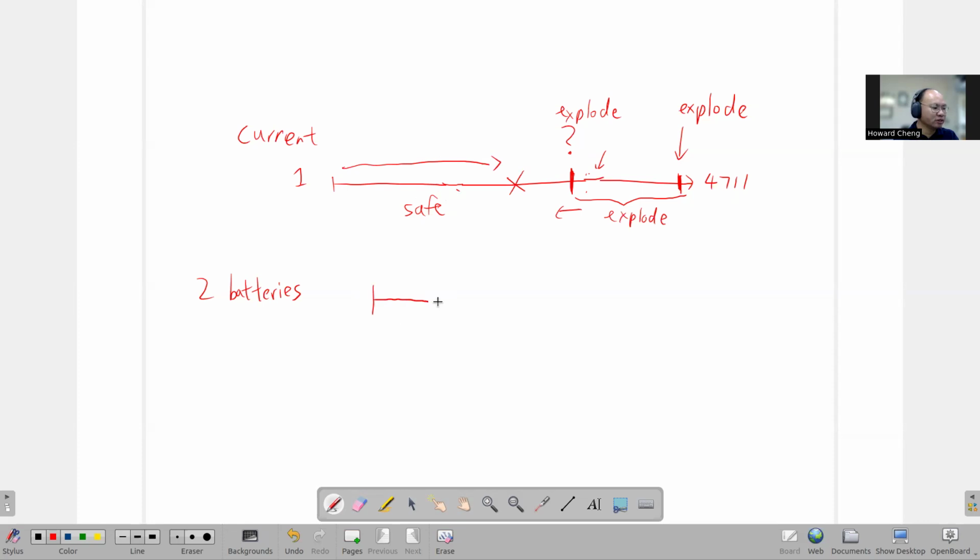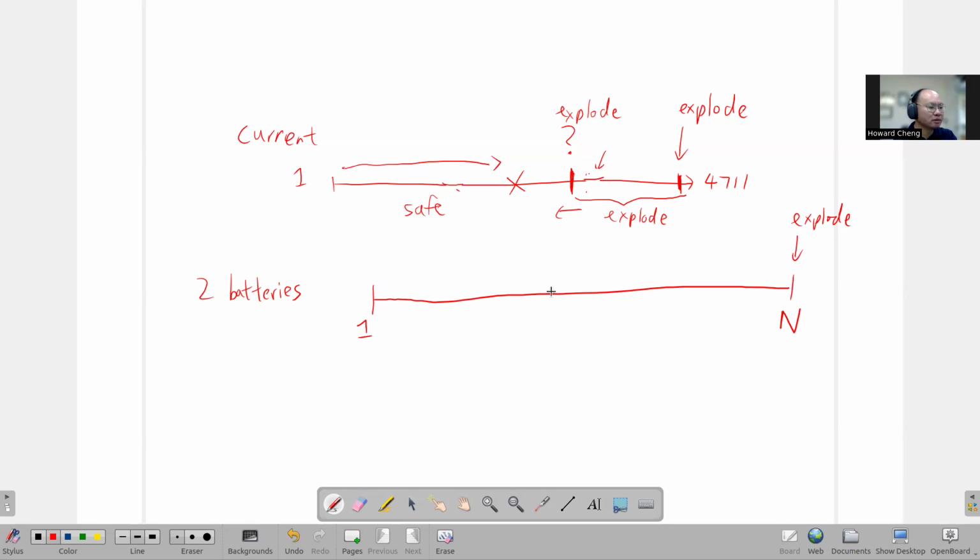So here's basically what you have to do. You are given an input N, and you know for sure this explodes. Now the question is, where do you have two batteries, where do you test the first one?